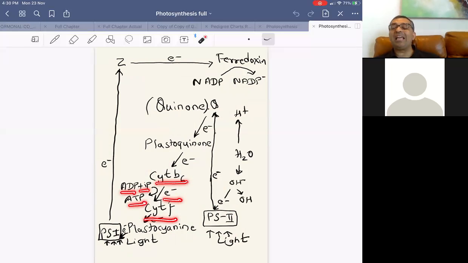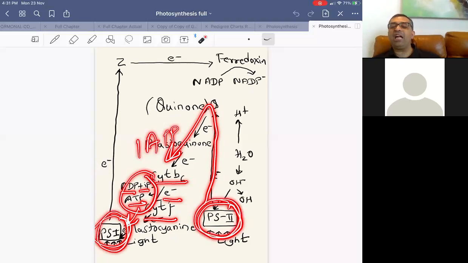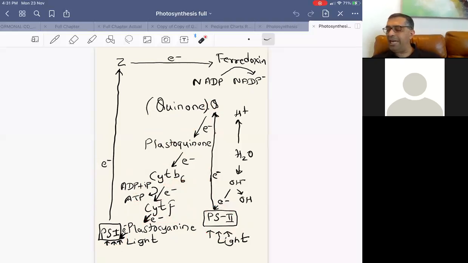So non-cyclic photophosphorylation में भी energy ATP बनता है from transfer of electron from PS2 to PS1. We have one ATP produced. एक ATP बनता है from PS2 to PS1 during transfer of electron from cytochrome B6 to cytochrome F.